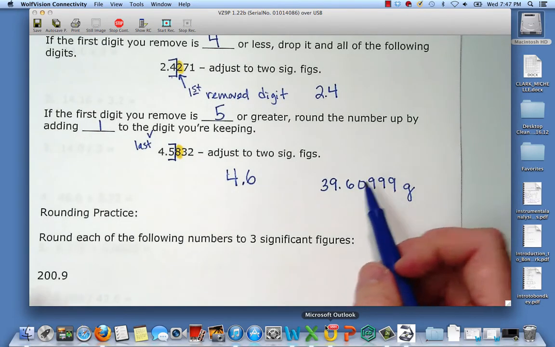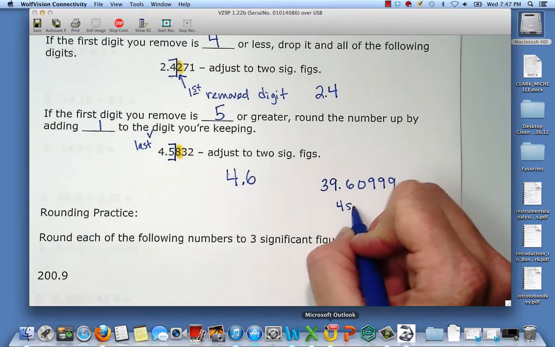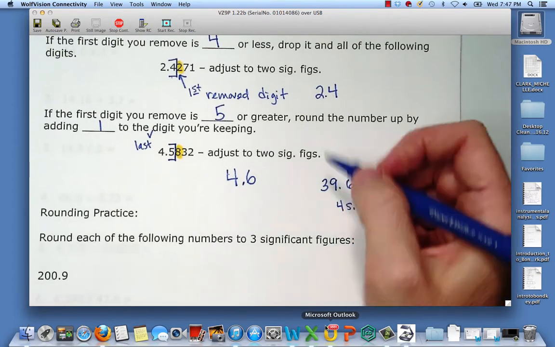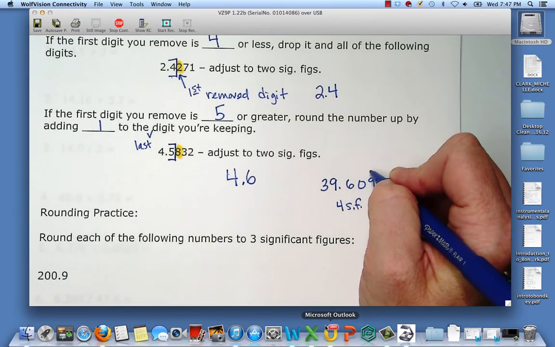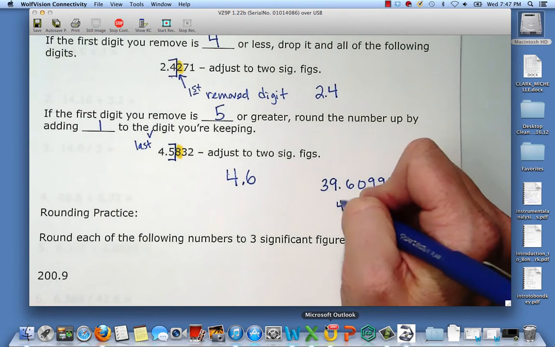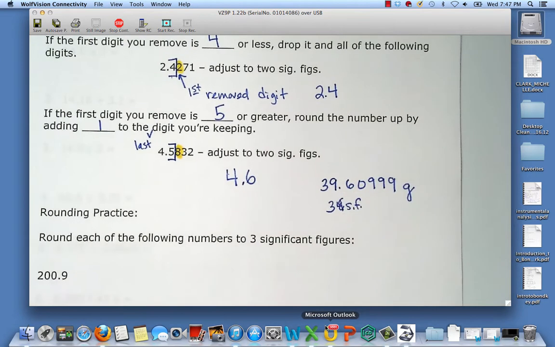And I want to have 3 sig figs. So adjust to 3 sig figs. Where would you put your bracket?